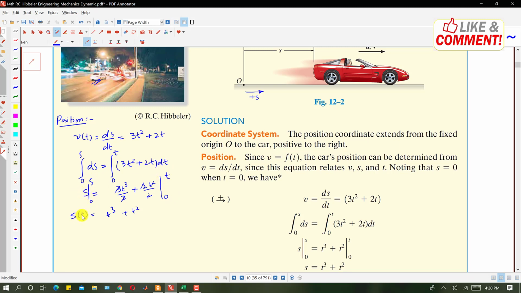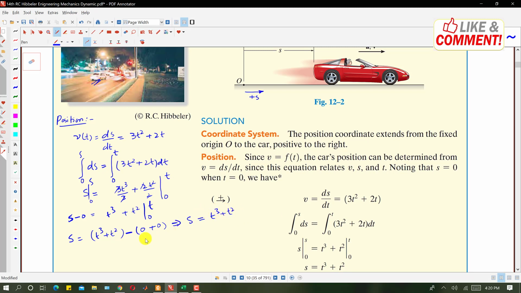Let me write it in just s form: s minus 0 equals t cube plus t square, from 0 to t. Now when we put t and 0 in this, s will become t cube plus t square minus, when we put 0, 0 plus 0. So we will be left with the s function equal to t cube plus t square.